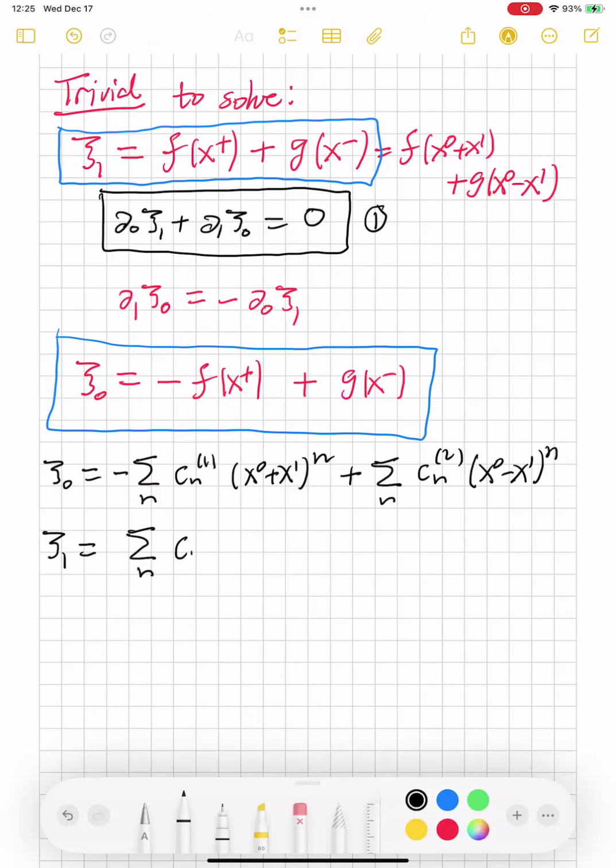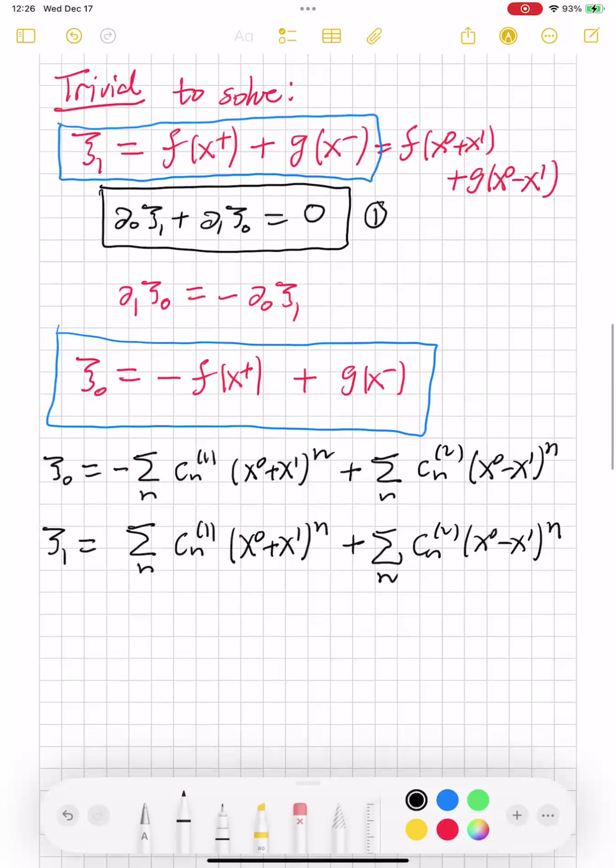Now, the reason why I wanted to write this down is that once again, what you can see very clearly is that there are again an infinite number of parameters.